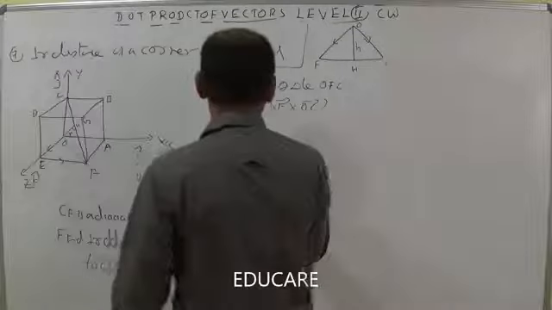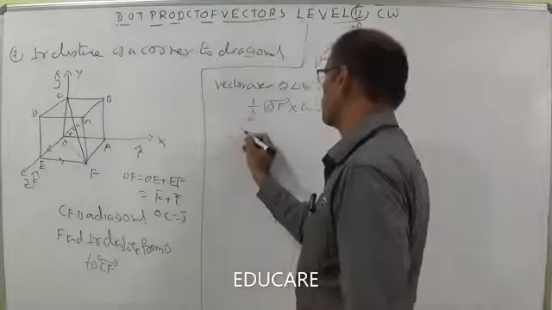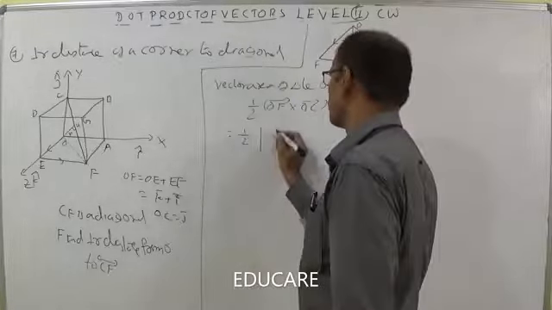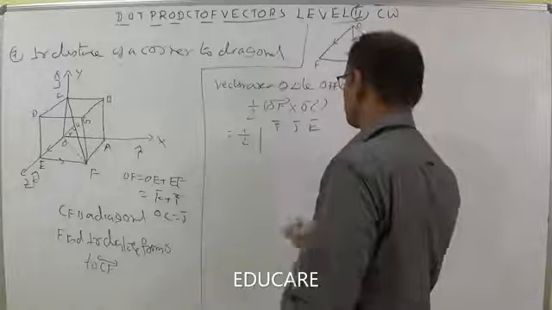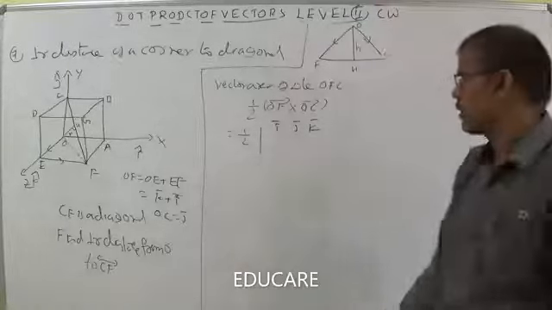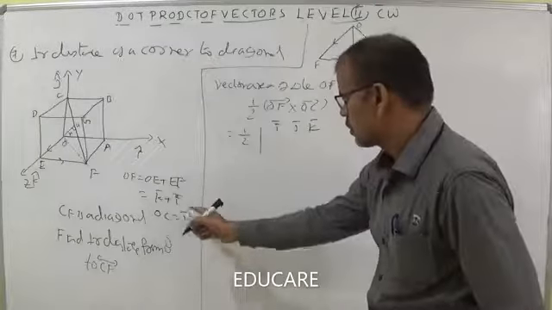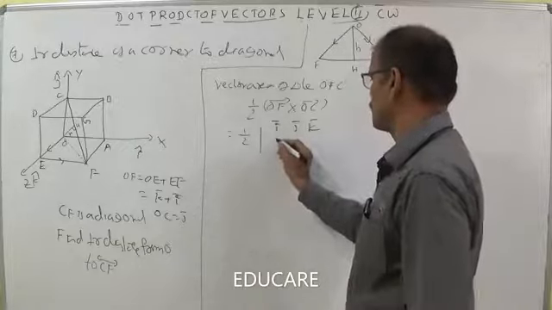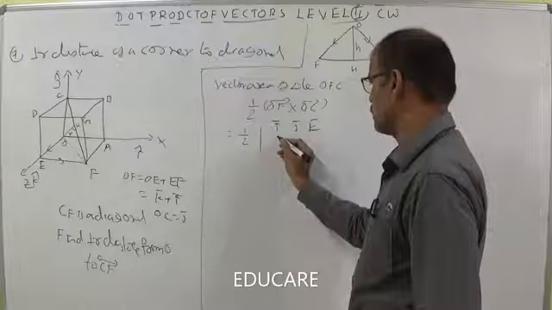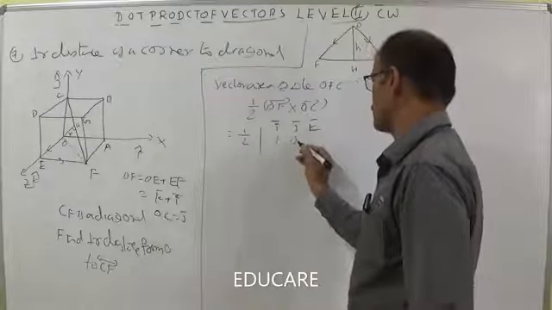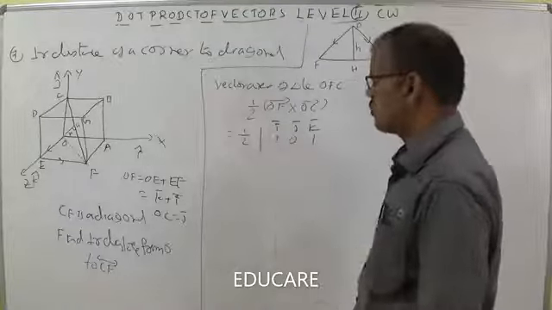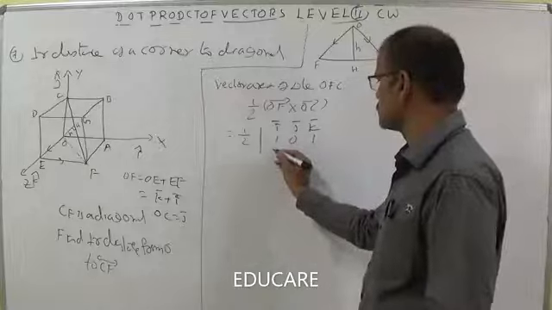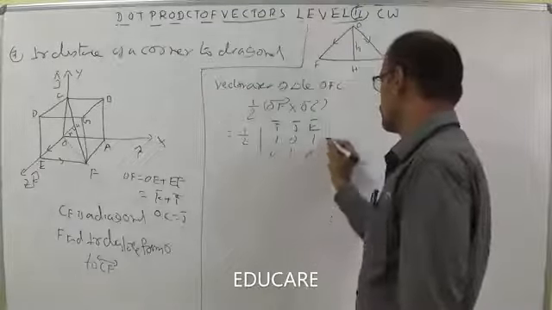So using that you can find the vector area of the triangle. You put I, J, K by that method. What is the value of OF? I said here K plus I. For I, put the component 1. For J, there is no component, so 0. Here 1. Now OC: OC is 0, 1, 0, you put here.